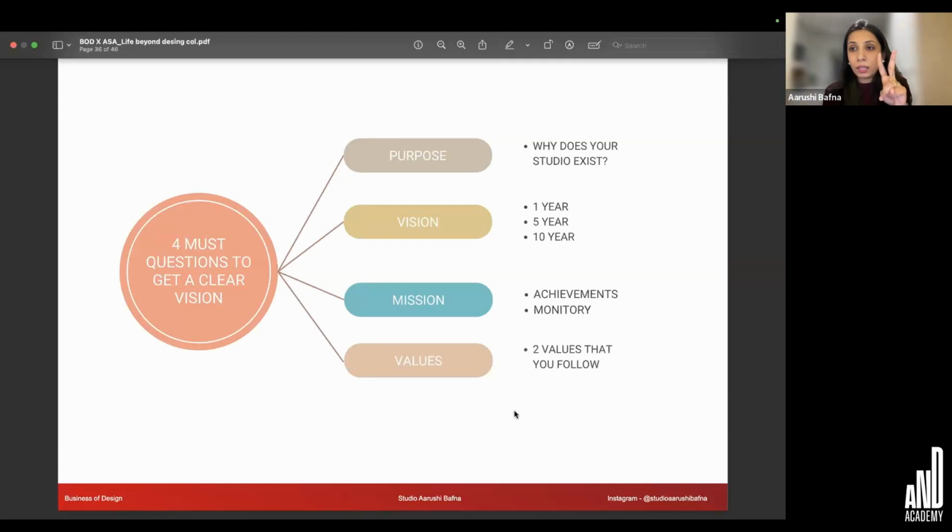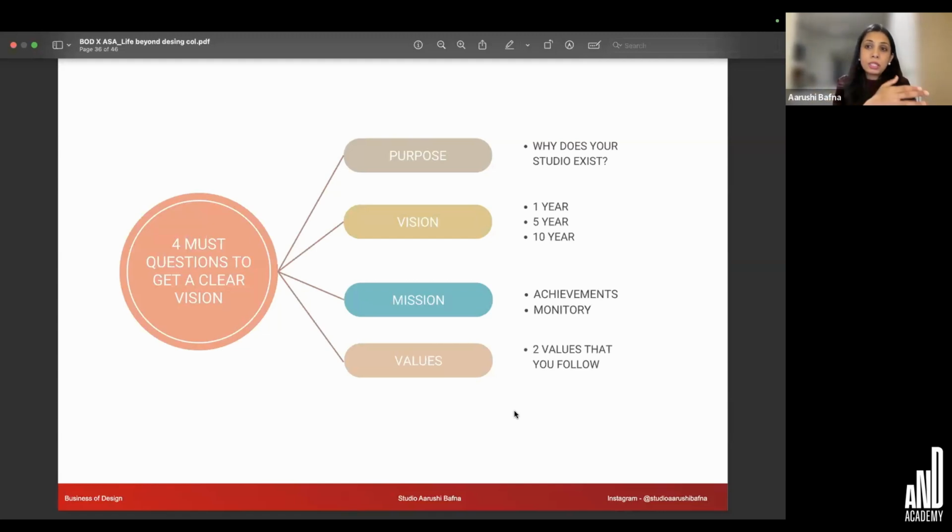And your values. Always remember, a value system actually helps you grow much more than when you don't have one. For example, if you pick up any of the senior designers, my value system was not to take commission, which I had said on day one, and to try and finish the projects in time. And I had things backing them up to prove my point. But forget me, even if you see any other senior designers, everybody stands for one value or the other, and they are very, very loud about that.